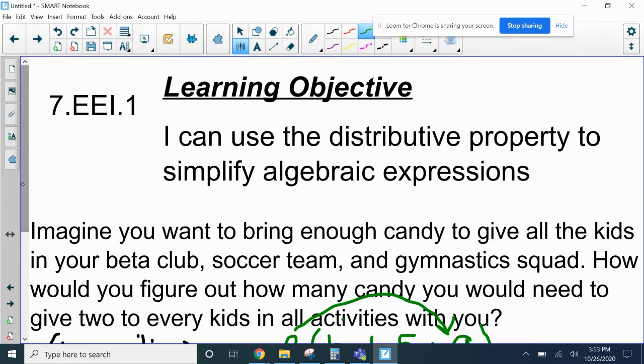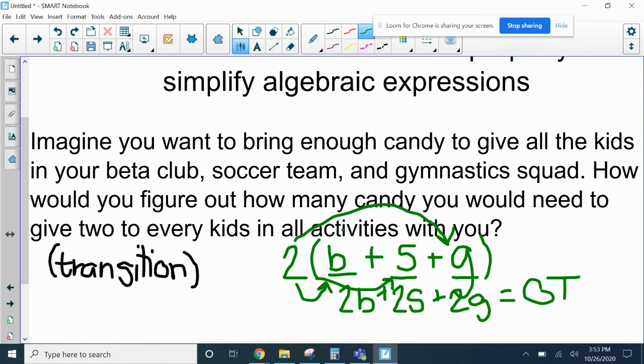Because using the distributive property, we're going to multiply that factor of 2 by every single group because we wanted to give each kid in all 3 of those groups 2 pieces of candy. So we had to multiply each number of kids in the group by 2. And then if we knew how many kids in each of these, we could go ahead, plug that in, and have an actual number. But today we're talking about expressions, so we are going to leave those as variables.